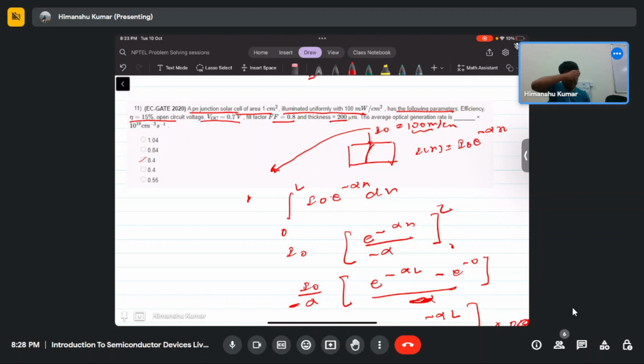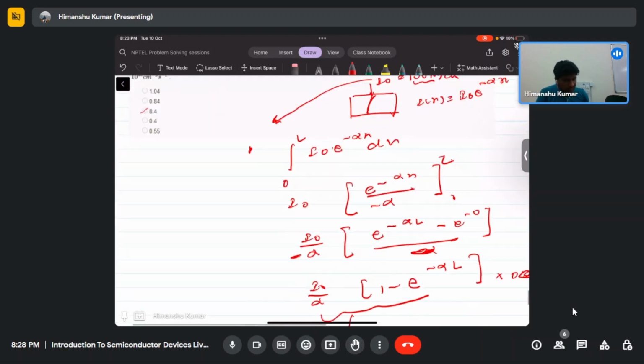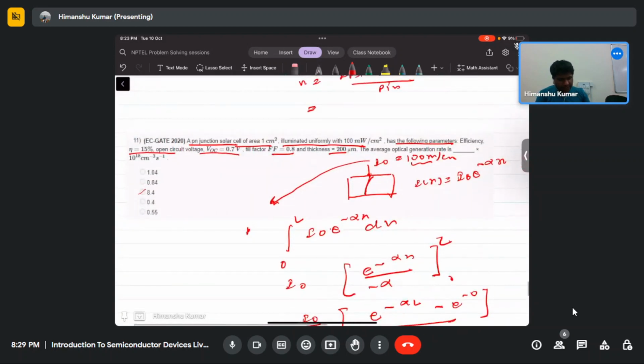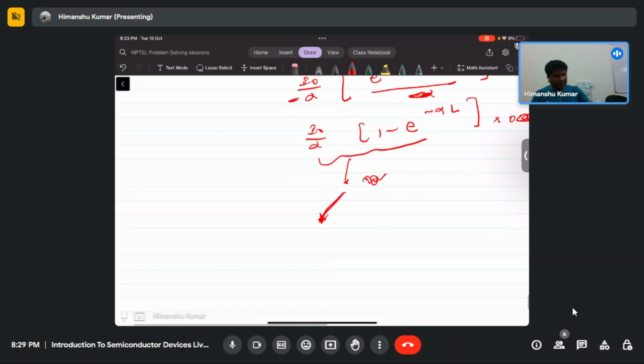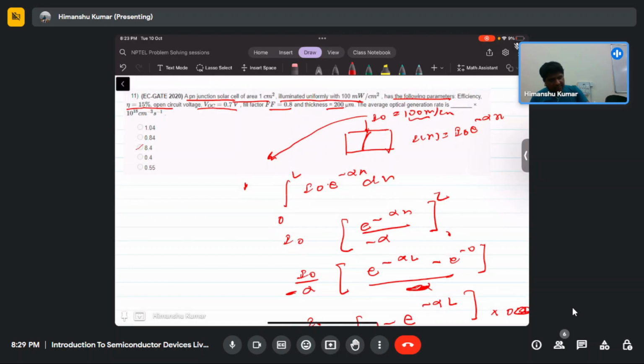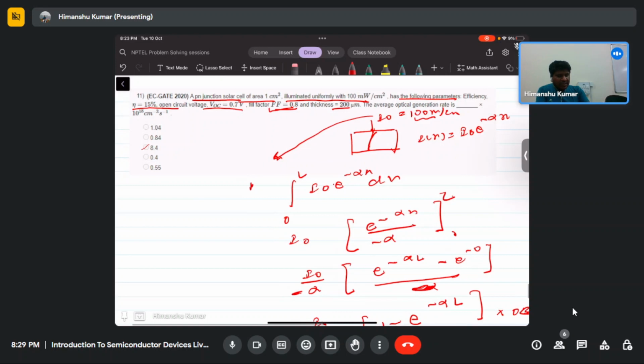The total number of electrons getting generated comes from this efficiency, and once we find the number of electron hole pairs generated, we can calculate with the fill factor the optical generation rate, based on the optical power you have put.